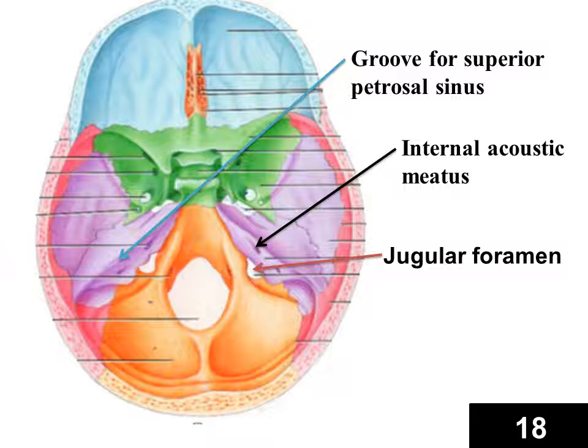Now immediately below this there is another foramen يسموها jugular foramen اللي مأشرة بالسهم الأحمر، والjugular foramen lie between the petrous part of temporal bone and the occipital bone. اكو فراغ بين البترس وبين الoccipital bone، هذا الفراغ هو jugular foramen.